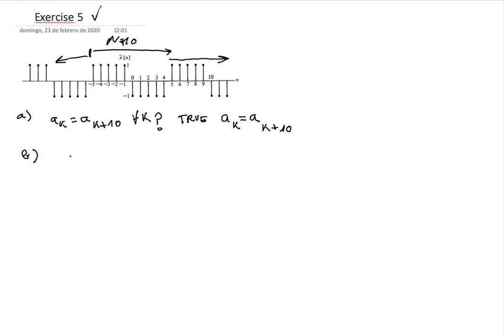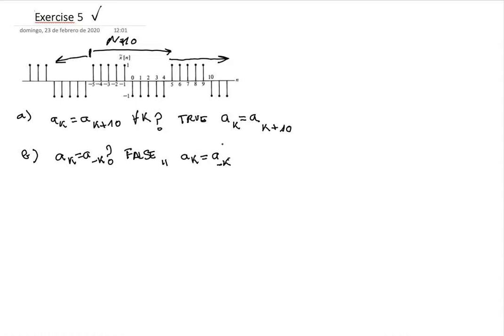Number B, they say that a sub k equals a sub minus k. They ask if this is true. And the answer is false, because as we saw in theory, there is a relationship between a sub k and a sub minus k, so with the value of k in the mirror with respect to 0 in the k axis, but it's not this property.